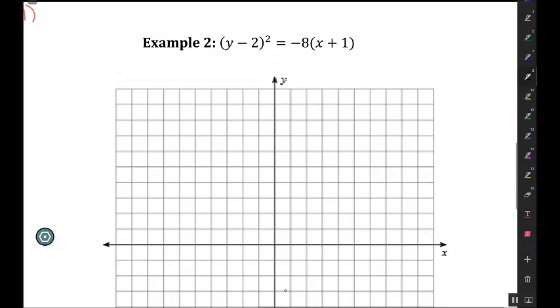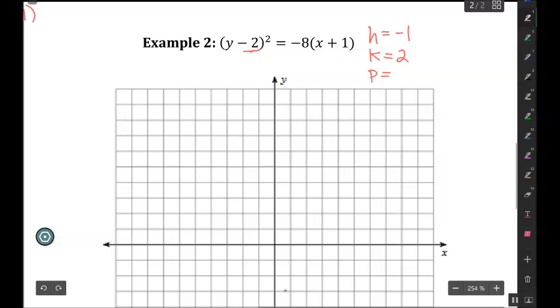All right, in this one, h is right here. It's negative 1. And k is over here. It's 2.